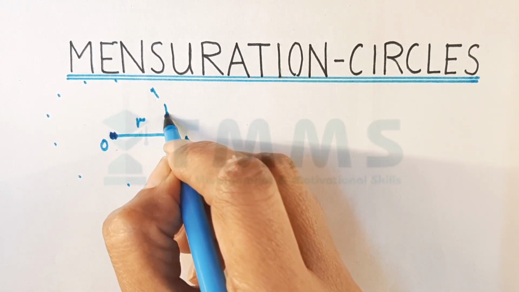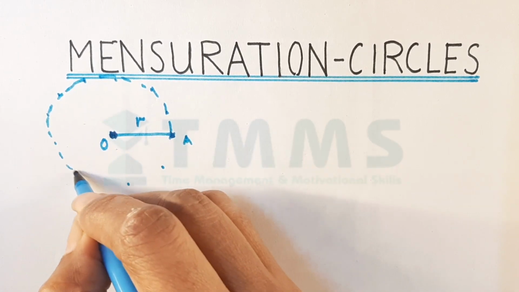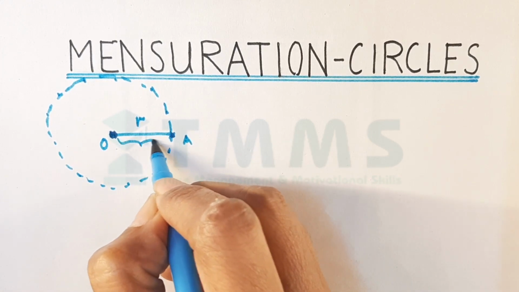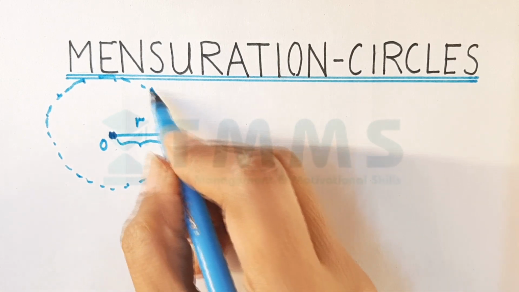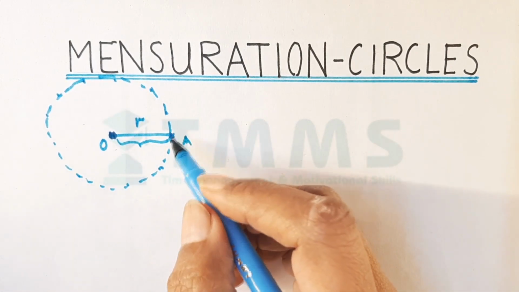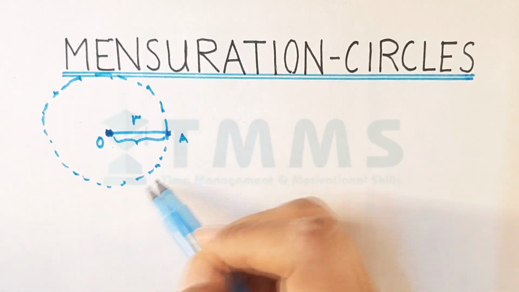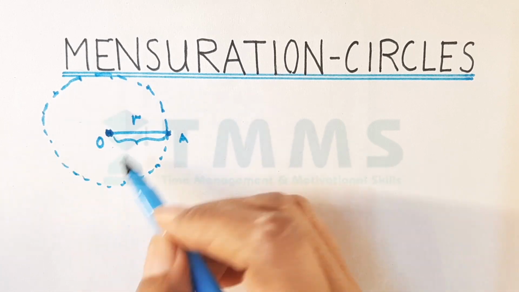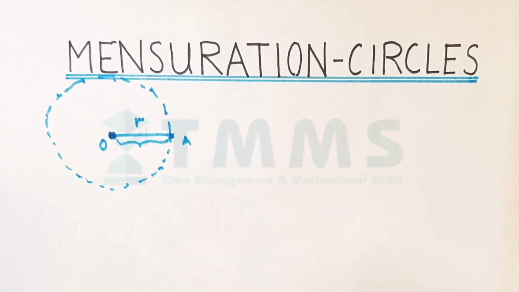Now, if you join this, you will get the path of point A, which is always at a fixed distance from O. This path becomes the circumference of this circle, and the figure that we obtain, consisting of the circumference and the part within that, is called the circle.